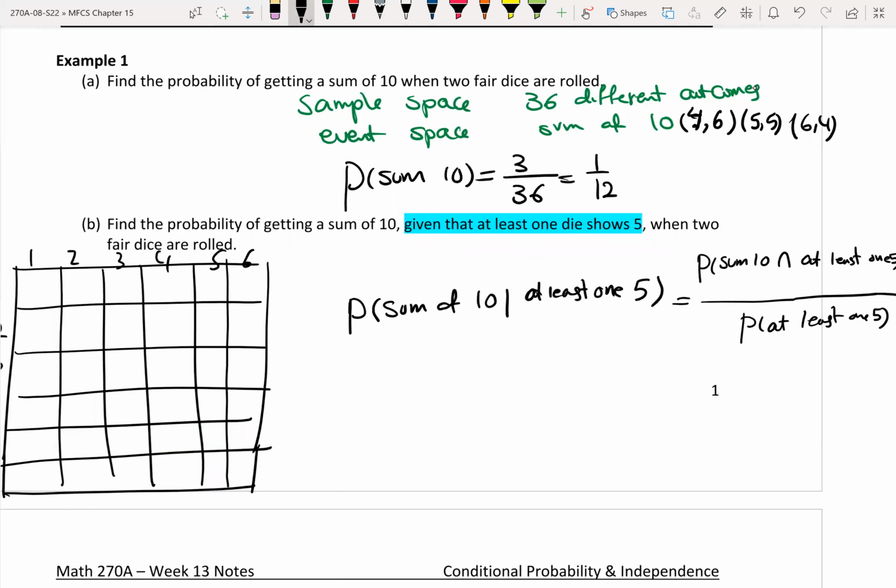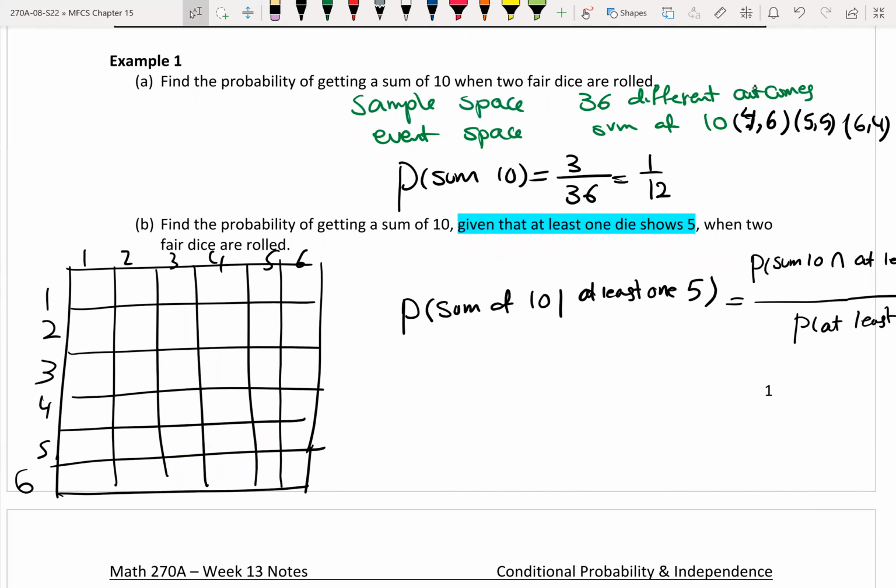So what's the number of cases that you have? What's the limited sample space where one of these is 5? Which one is one of them is 5? 1, 2, 3, 4, 5, 6, 7, 8, 9, 10, 11.